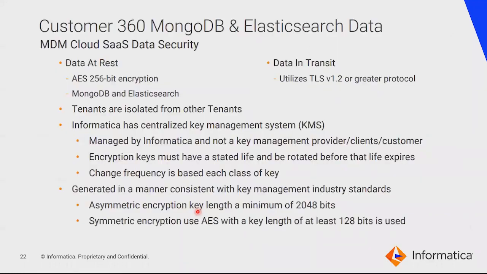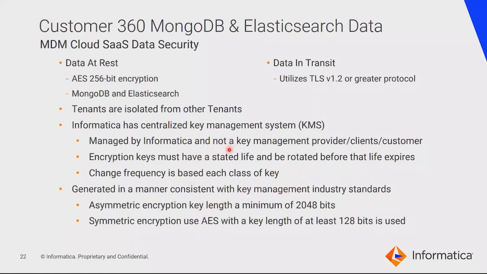So Customer 360, MongoDB, and Elasticsearch. It's a very important topic here, because previously we used to have separate boxes for Elastic servers. Here, Informatica has centralized the key management system, which is managed by Informatica and essentially not by any other provider or clients. So encryption keys have a stated life and are rotated before that life expires.